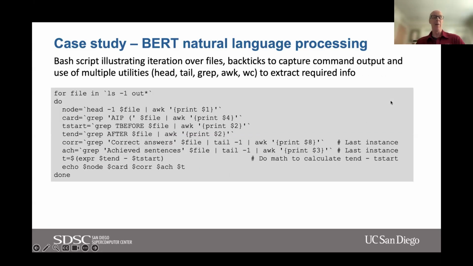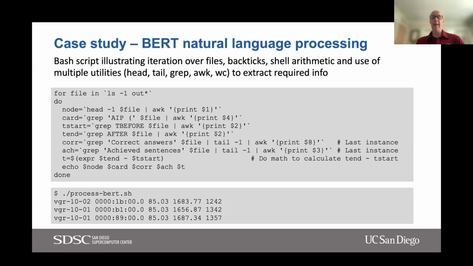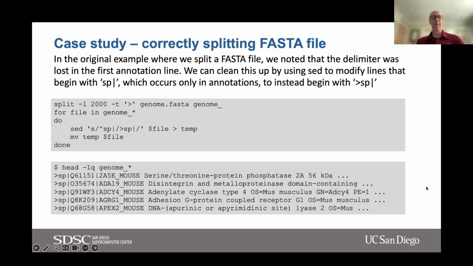And again, this is going to look a lot like the example that we saw previously for HPL, where I'm using a combination of head and grep and so on, and awk, to capture all of the data that I need and write it to a space-delimited file.